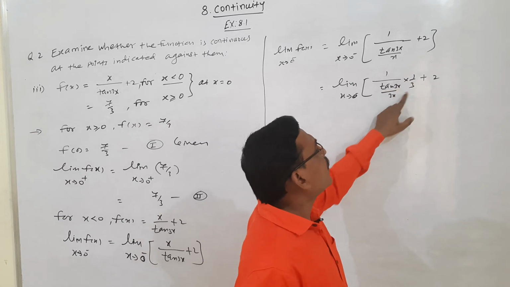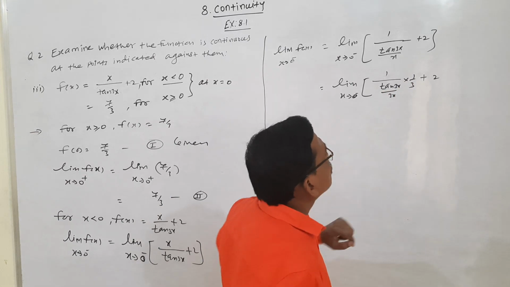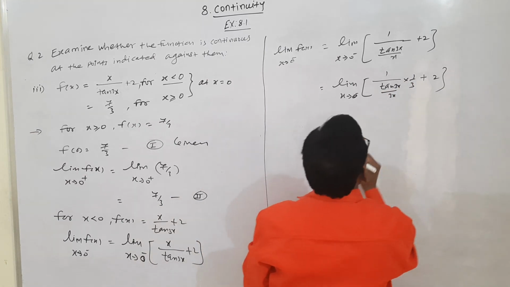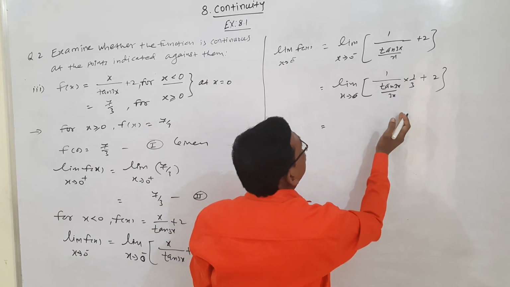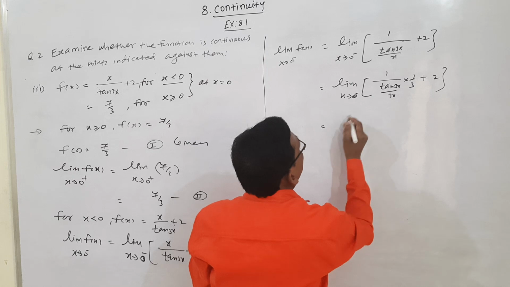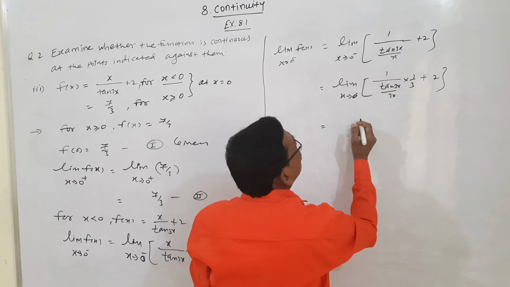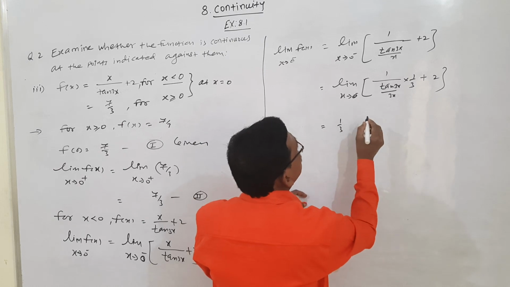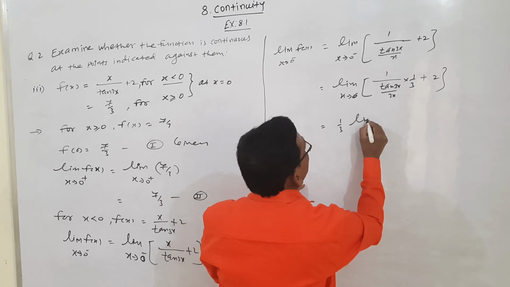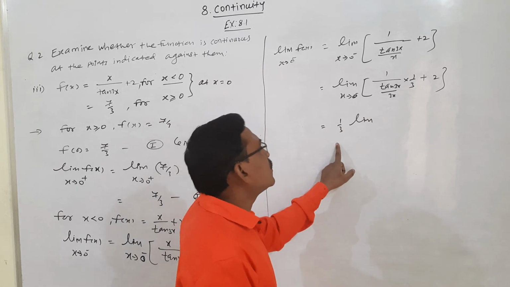So 1 by 3 is a constant; take it before the limit.